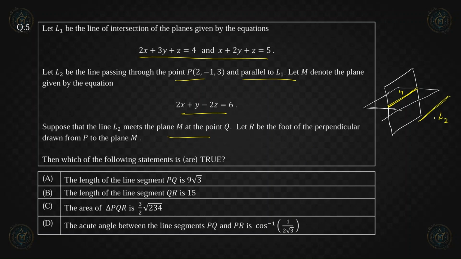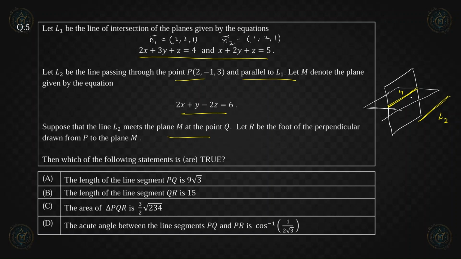So what will be the direction ratios of this line? Let's say the perpendicular vector to this plane is n1 and the perpendicular vector to this plane is n2. So n1 and n2 will be (2, 3, 1) and (1, 2, 1).